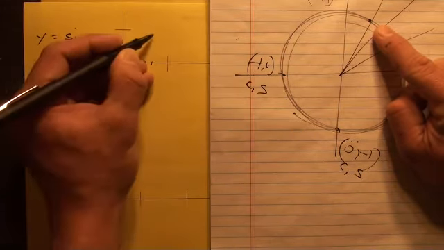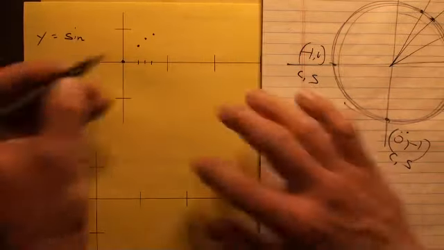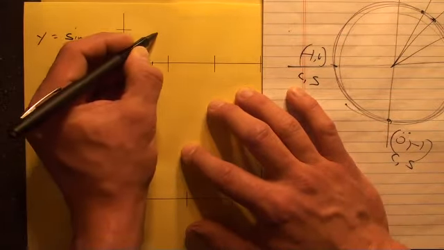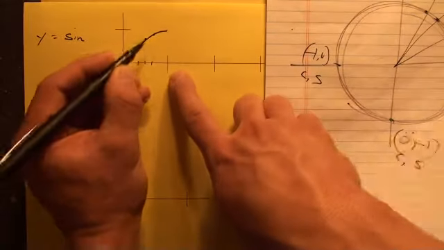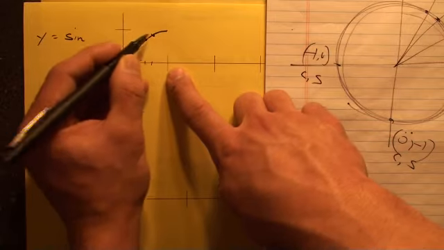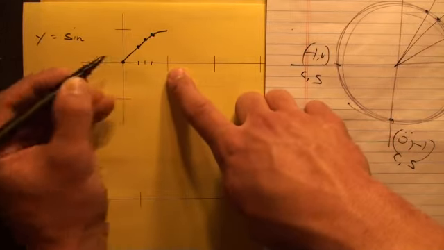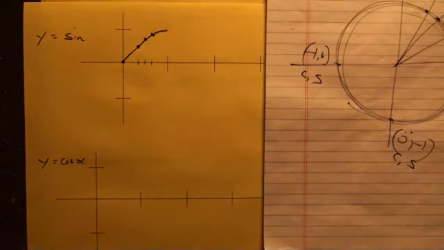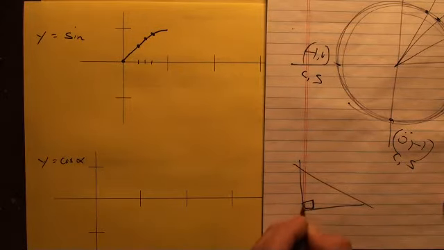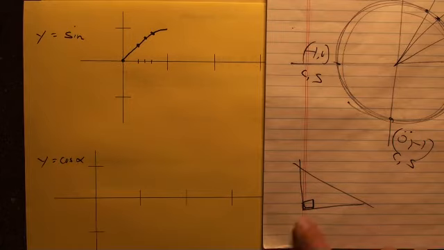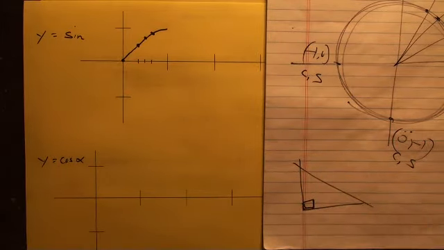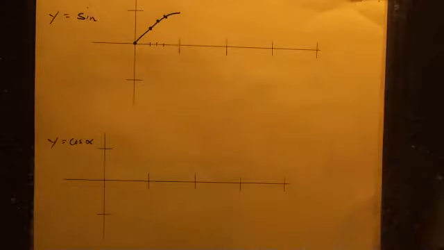And then sine 60 is 0.87. Okay, so we get this little curve upward, and of course sine of 90 degrees would be 1. Which is actually kind of interesting, what is the definition of sine? It's opposite over hypotenuse. Well, opposite over hypotenuse would be the hypotenuse over itself. That's why sine of 90 is 1. So that's another way of thinking about it.